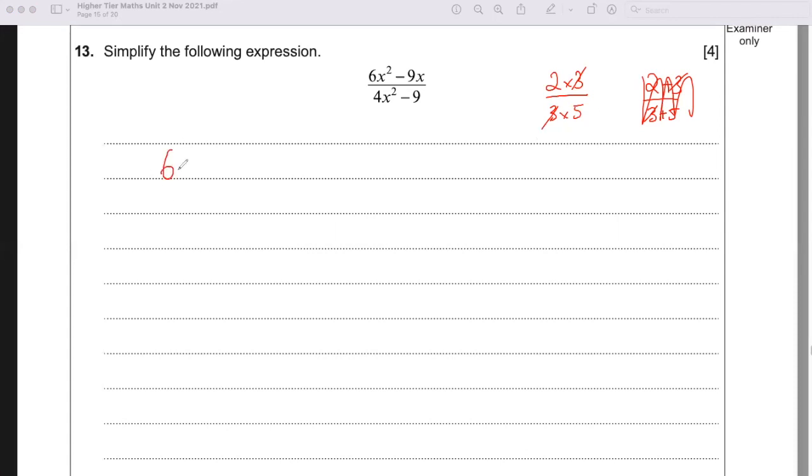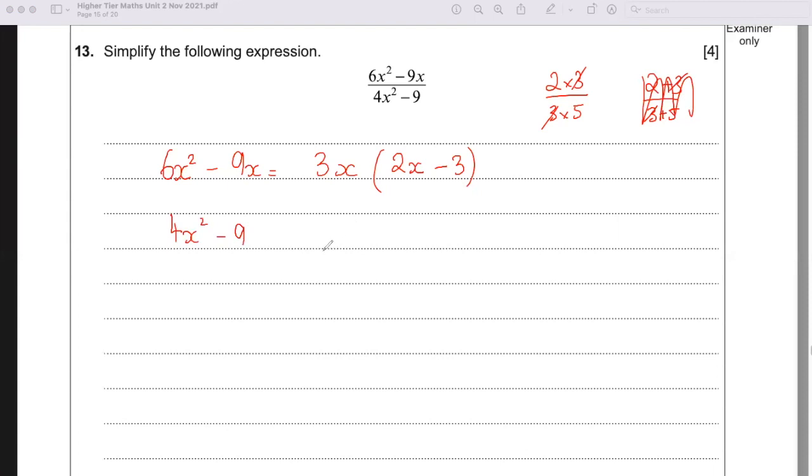So let's try to factorize 6x squared minus 9x. I can take 3x out as a common factor, because 3x goes into both of them. I should have 2 left here, so 3x times 2x minus 3, and that is the top. Now the bottom, I've got 4x squared minus 9.